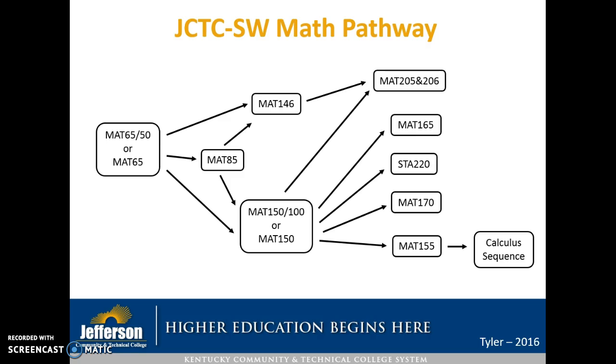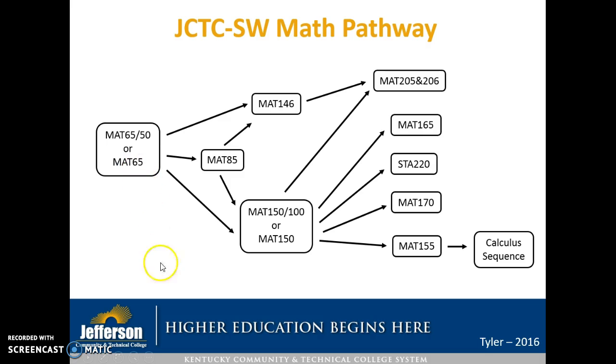So now the overall pathway of our math courses, depending on where you start, begins for some people at Math 6-5. So Math 6-5 students also need to take the Math 50.